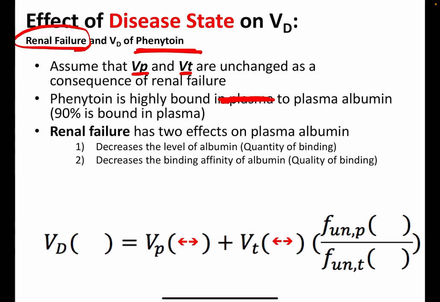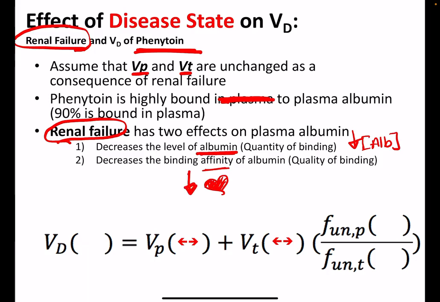And we said that the disease state would affect the status, either physiological or pathological. We have an effect on the status of the body. One of the major effects of renal failure, we have a decrease in the albumin. So the quantity, the concentration of the protein is what is affected, and we have a decrease in the affinity, which is, again, we said the relationship between the protein and the drug is decreased.